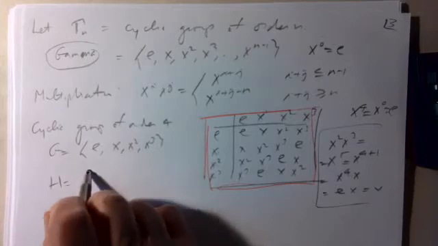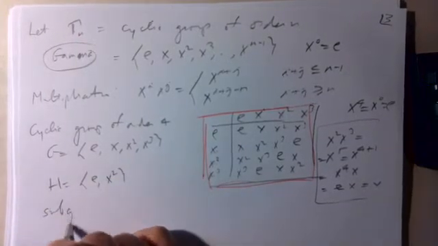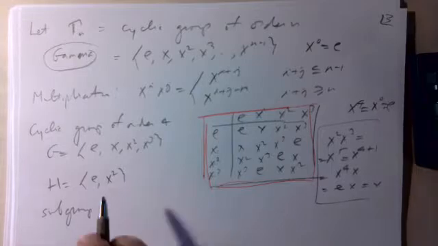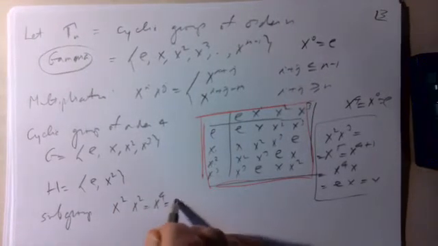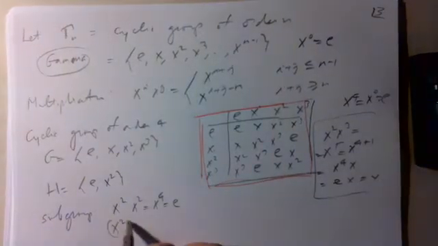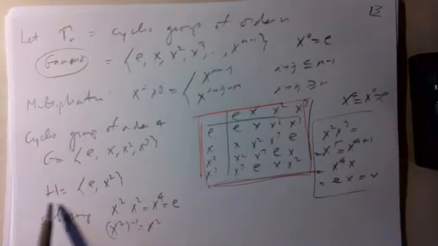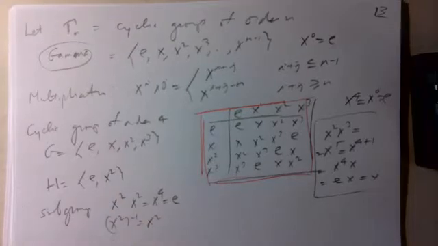And if I take H to be the set consisting of just e and x squared, this is a subgroup. It's closed under multiplication, x squared times x squared, that's x to the fourth, which is the identity. So x squared inverse is x squared. This is closed under multiplication and contains the inverse of each element.